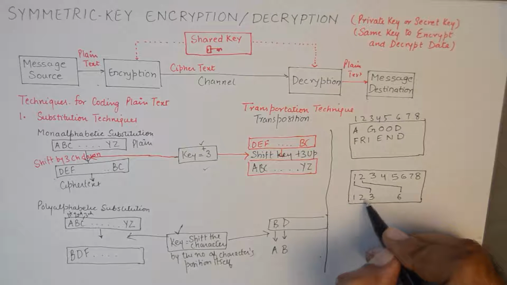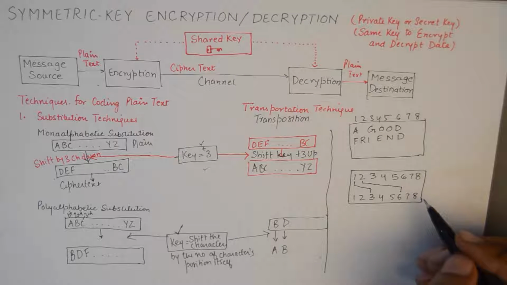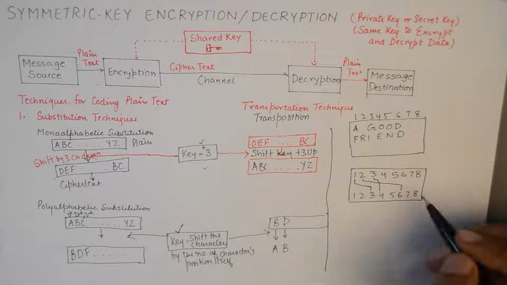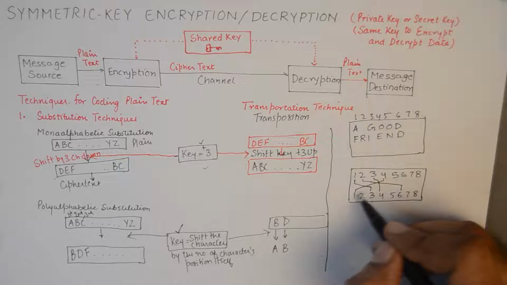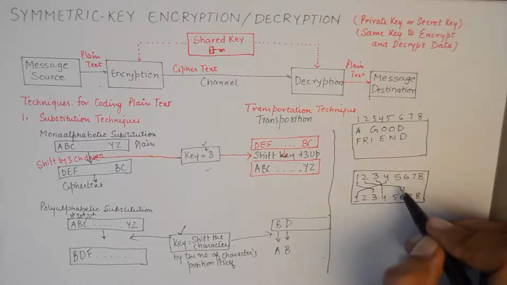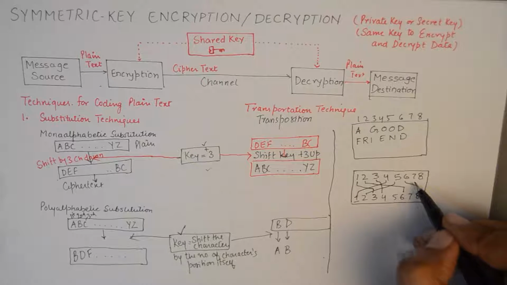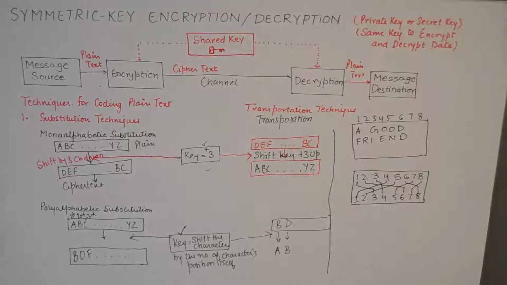So I'll write it down like this, and I could assign positions from any number to any number, and 6 will take up 8, 7 will take up 5, and 8 will take up 7.